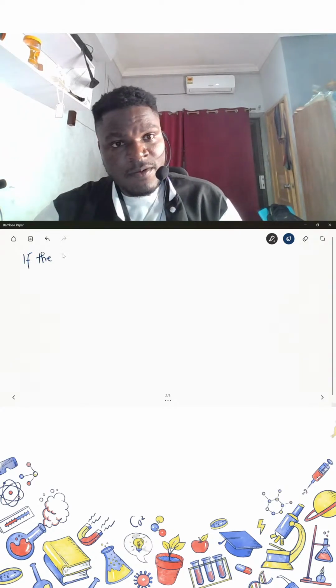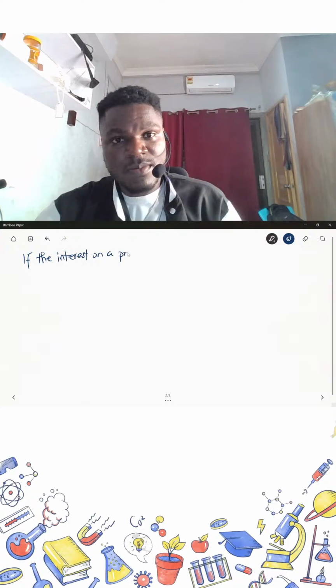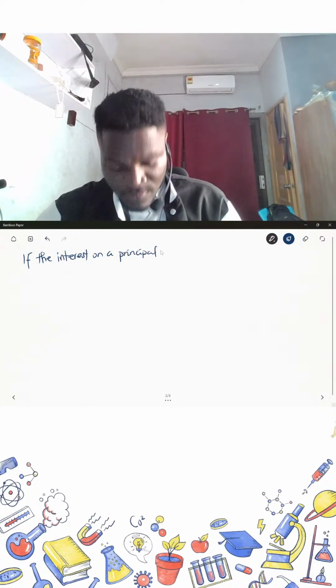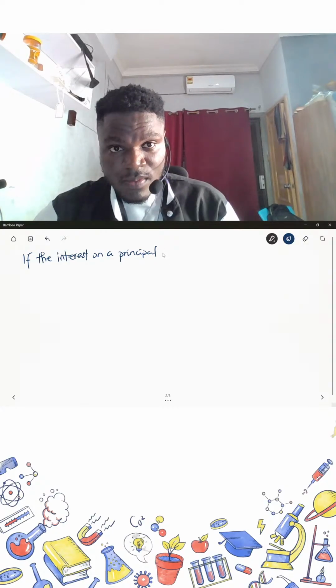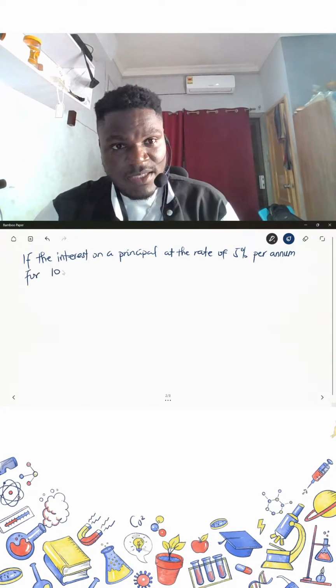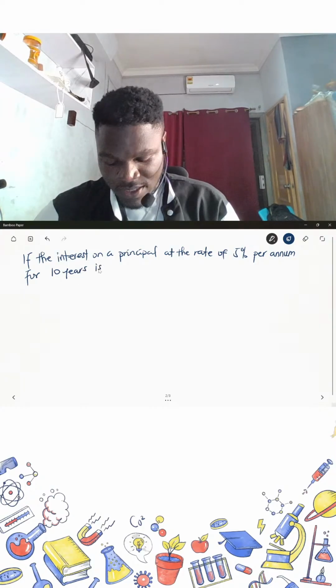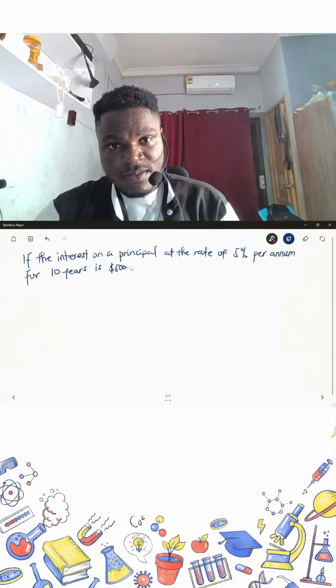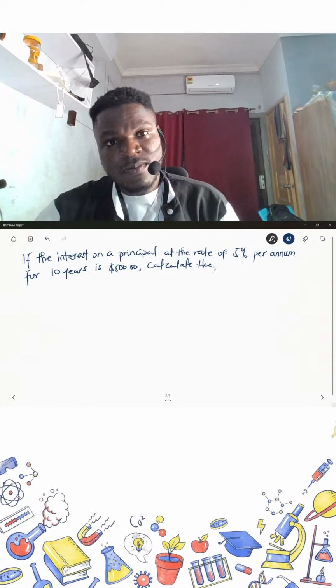If the interest, in this case simple interest, on a principal at the rate of 5% per annum for 10 years is $500, calculate the amount borrowed, or find the principal.